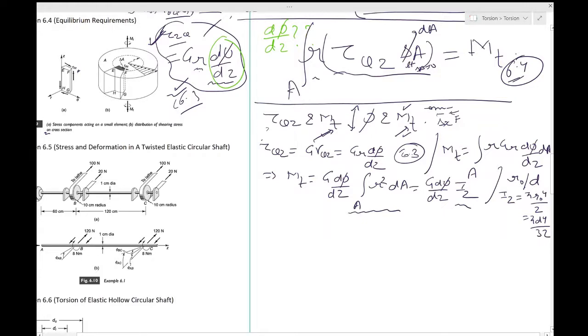So that's how you would get d phi by dz, and that would be equal to Mt divided by G Iz.